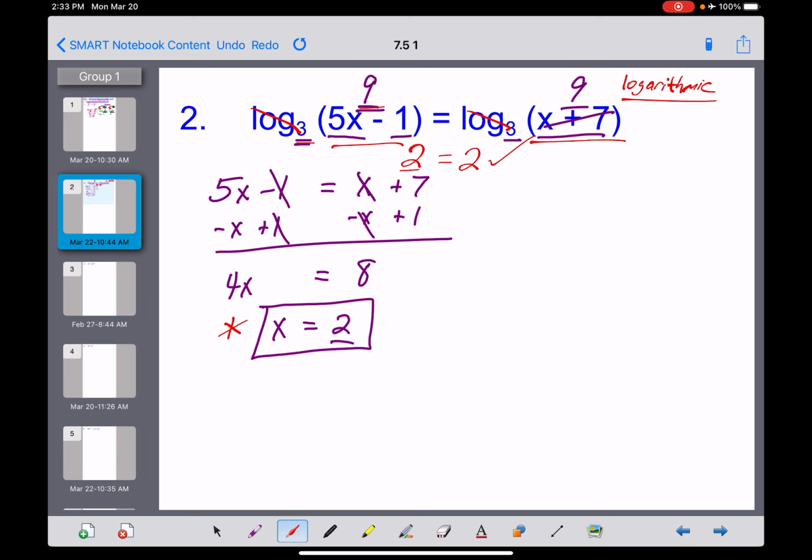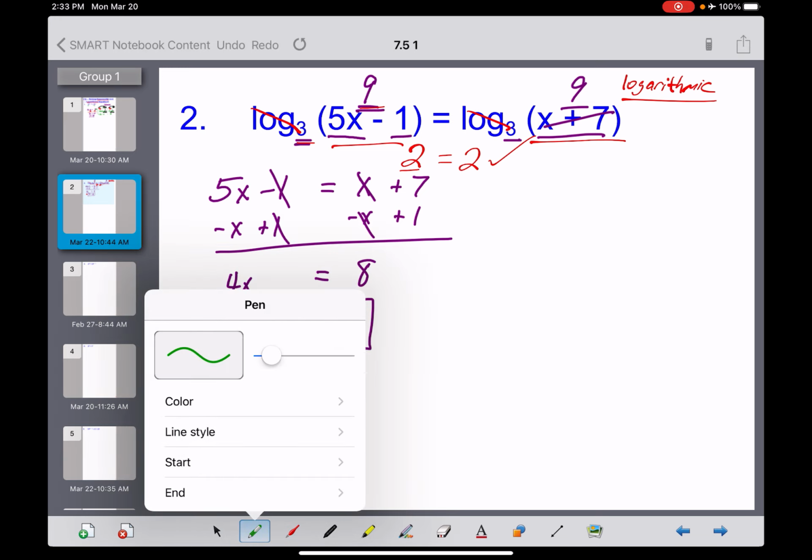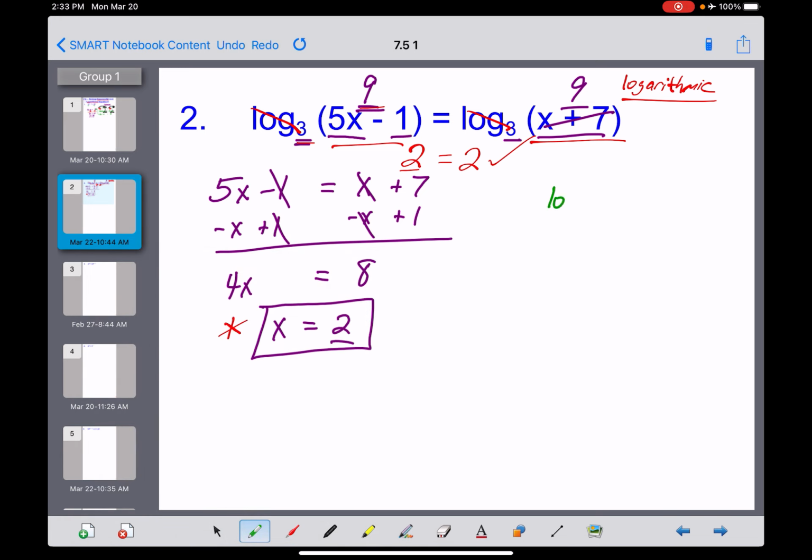Now, the real thing that we're doing, all right, let me see here. If we went back to the original statement right here of log base 3 of 5x minus 1, that would equal the log base 3 of x plus 7. What we're really doing here, guys, is exponentiating both sides with a base of 3.